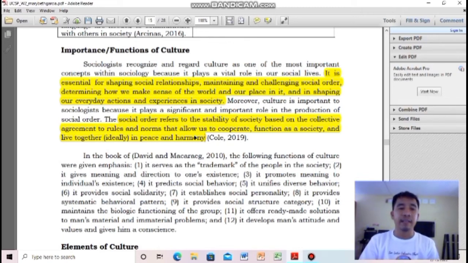Next is, it maintains the biologic functioning of the group. So within culture, syempre, you will be marrying, you will reproduce within such group, maintaining the biologic function of our society. Next, it offers ready-made solutions to man's material and immaterial problems.